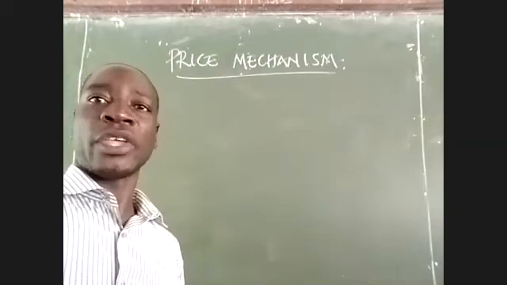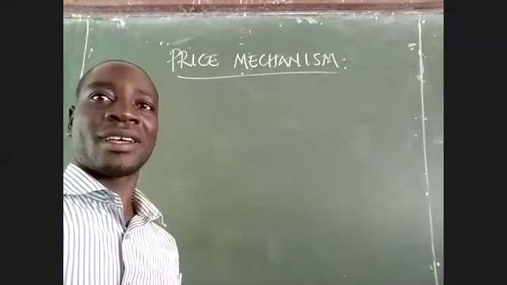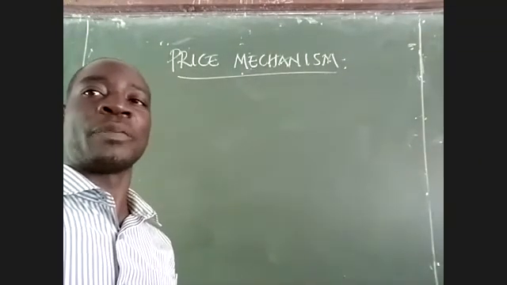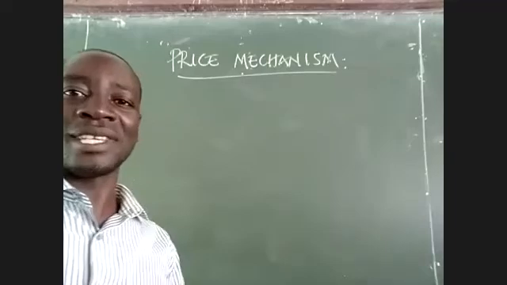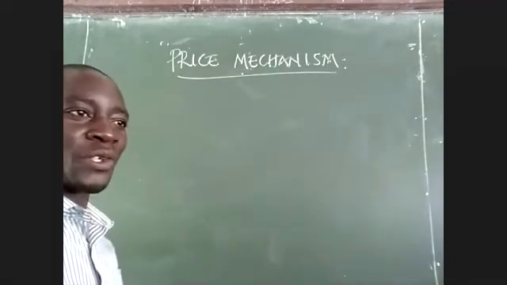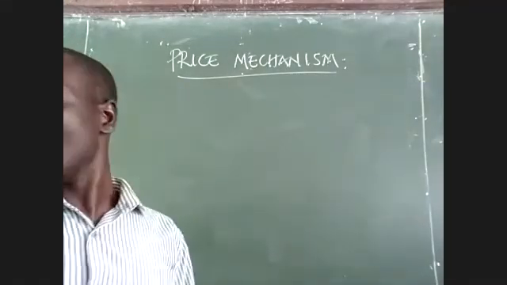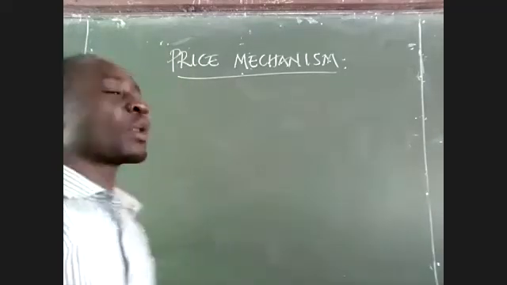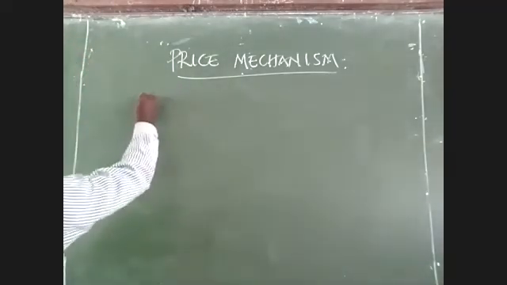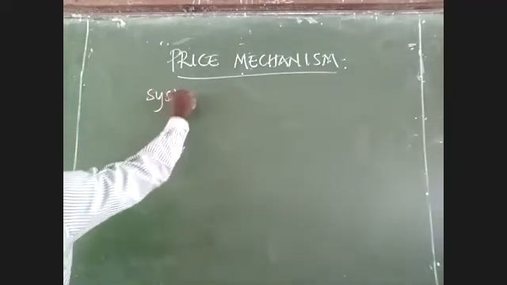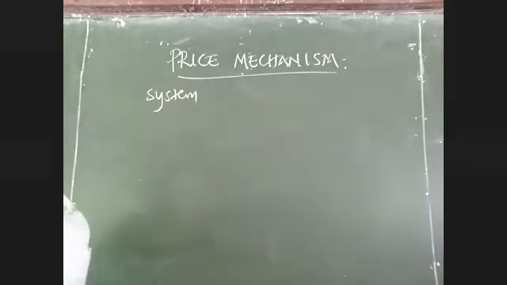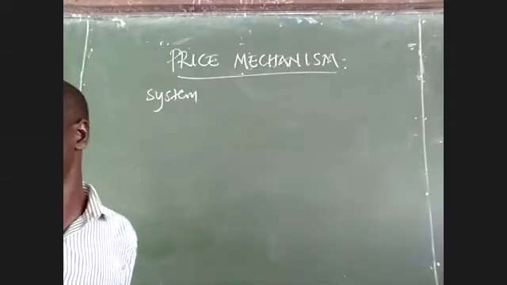I'm just going to introduce the subtopic, because time is not on our side. So price mechanism, we define it as a system. It is a system of allocation of resources.